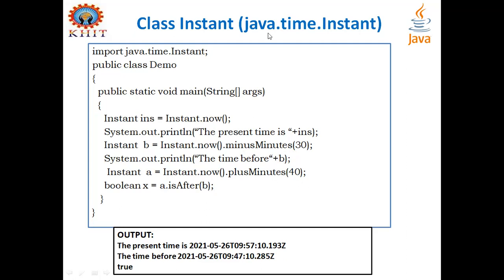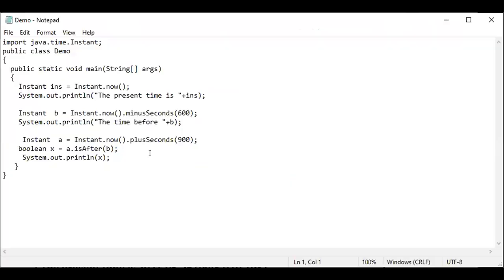Then go to the execution part of this Demo class. For your understanding, I am taking seconds instead of minutes, since we are passing an integer parameter to these methods, an integer value like 600 or 900.